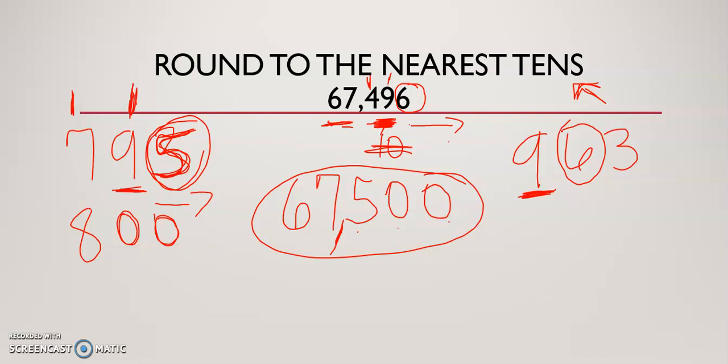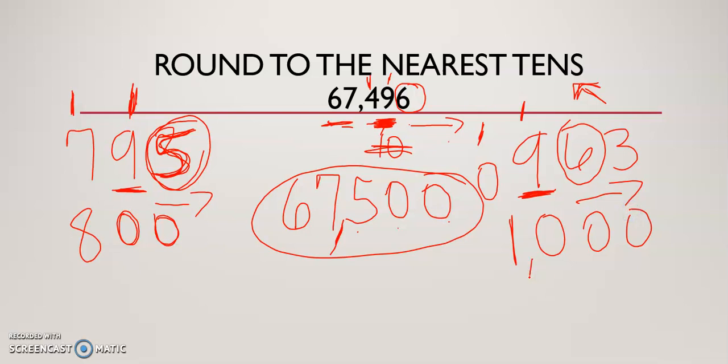So I have a 9 and a 6. 6 means this 9 needs to raise by 1. So 1 plus 9 is 10, I write 0. I carry my 1. There's nothing here, so remember we treat empty space like a 0. So 1 plus 0 is 1, and everything behind the target changes to 0. So this would be 1,000.